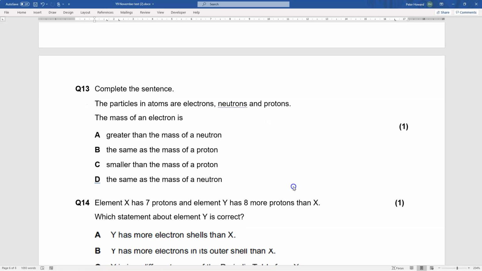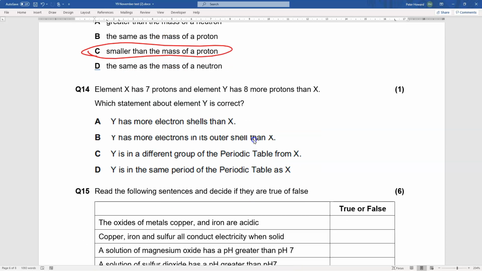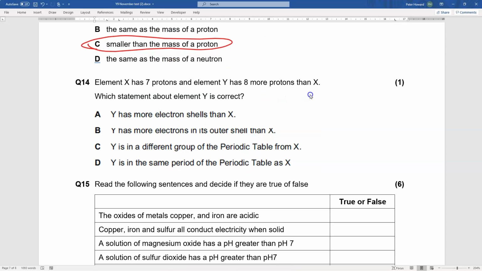Complete the sentence. We did a table earlier about masses of particles. Mass of an electron we know is 1/2000, so this number is smaller than the mass of a proton. X has 7 protons, so let's do X, and it has number of protons 7.